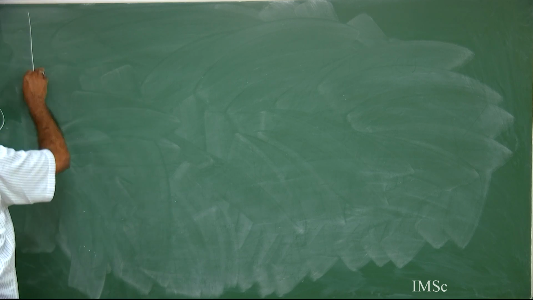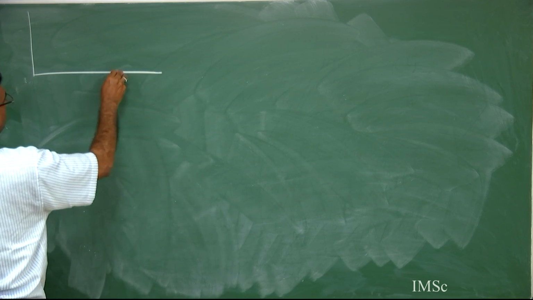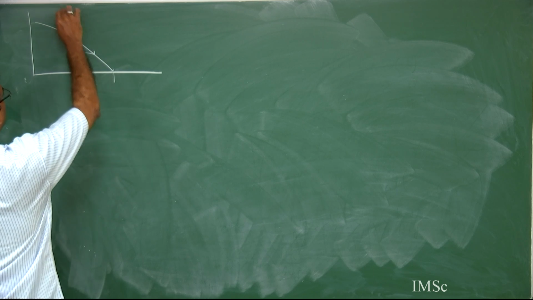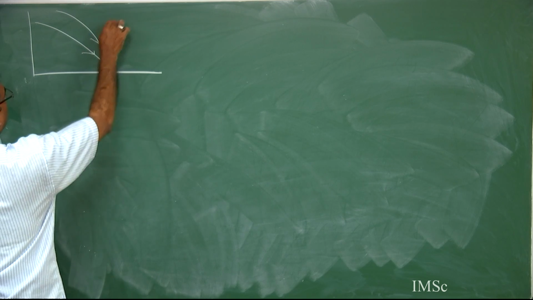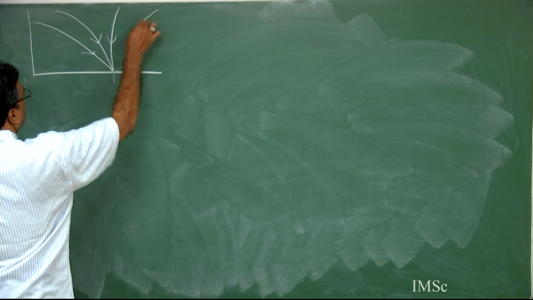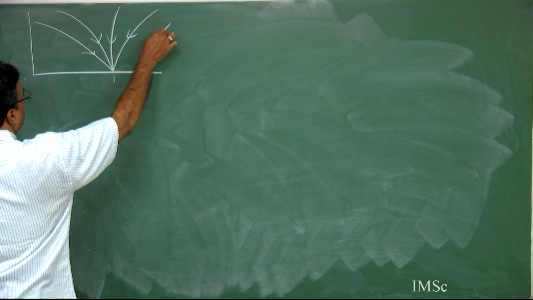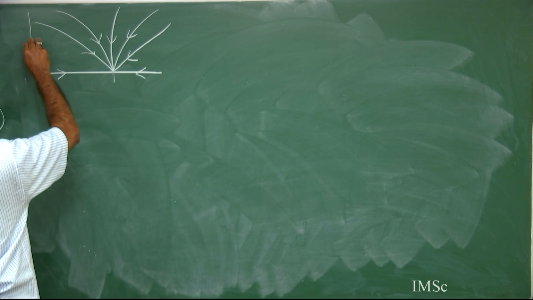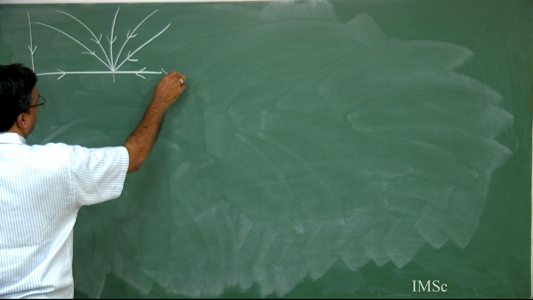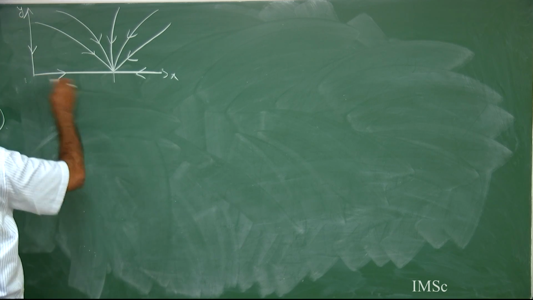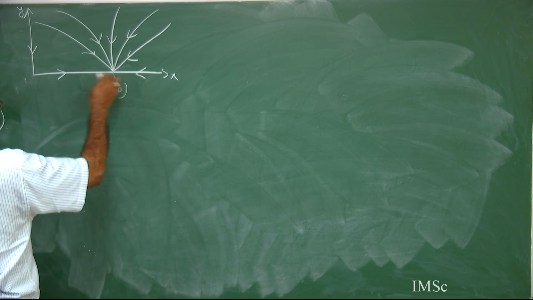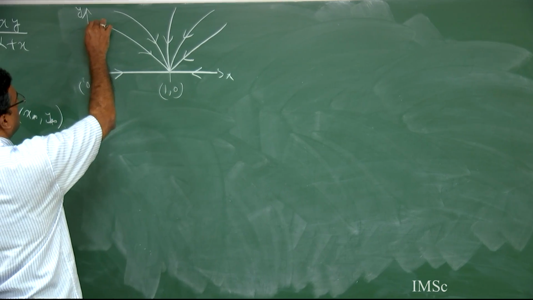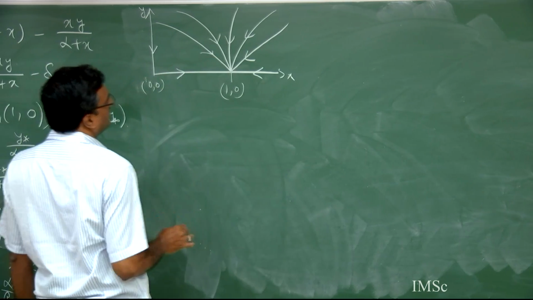In the first case, when 1 comma 0 is stable, you can see all the trajectories converging to this equilibrium point 1 comma 0, this one, from this direction, this direction, and this direction. So, this is the x axis, this is the y axis, 1 comma 0 is stable, and 0 comma 0 is a saddle point. So nearby you will be having trajectories like this.